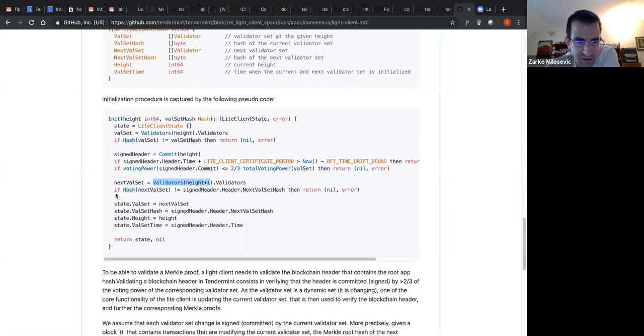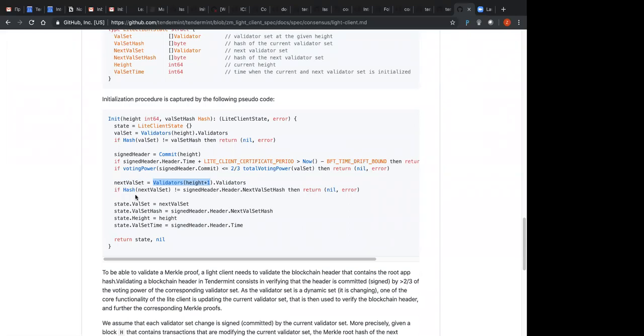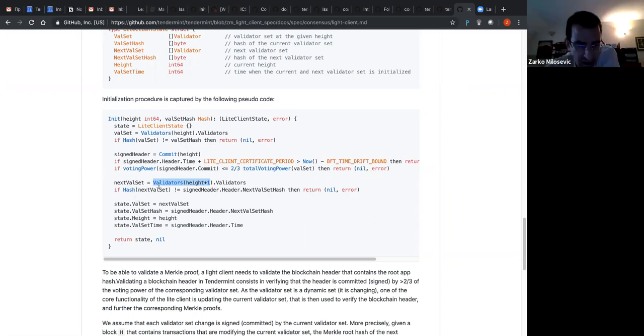And at this point in time, we can set trust in the next validator set, which is initialized by the given height, and the initialization happens at this header time. So this can be used as a base to compute how far we are covered by the light client certificate period.